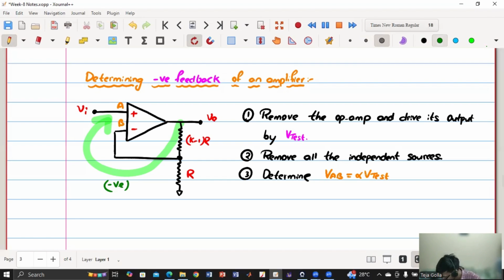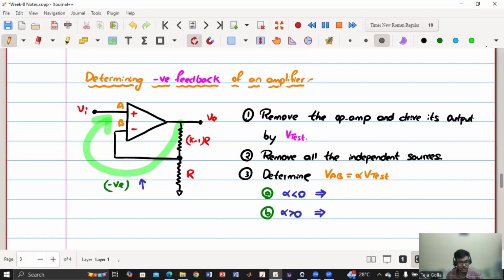So now there will be two conditions, A and B. In condition A, we get alpha less than 0, and in condition B, we get alpha greater than 0. In this feedback, we should be getting something negative.